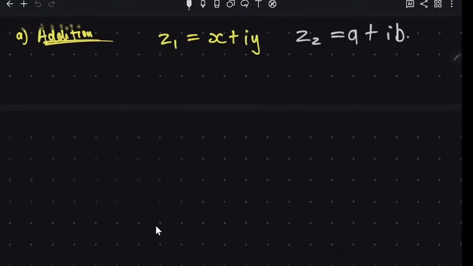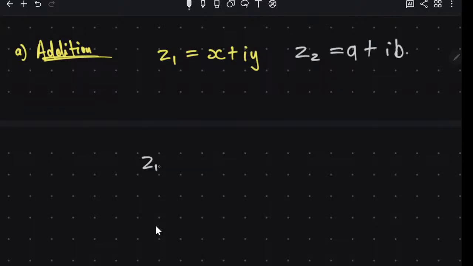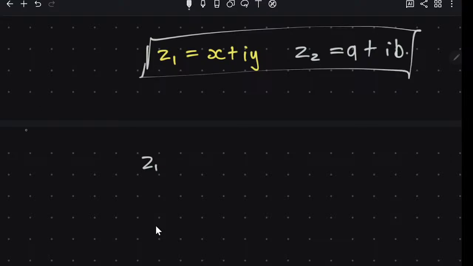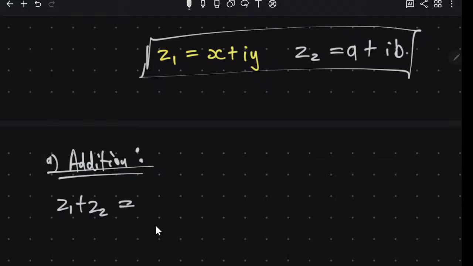I'll put addition below here because I first want to make sure you write the complex numbers that you have. For addition, Z1 plus Z2 is X plus IY added to A plus IB.